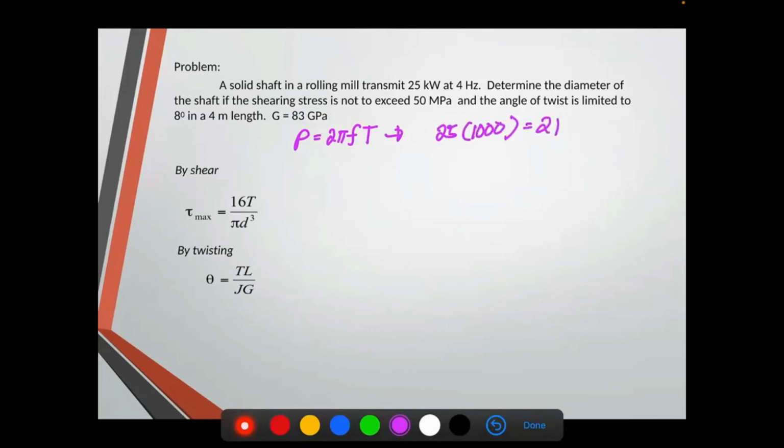Then, 2 pi. The frequency is already in hertz, so, times 4. So, yung T na lalabas dyan, ang unit is Newton meter.